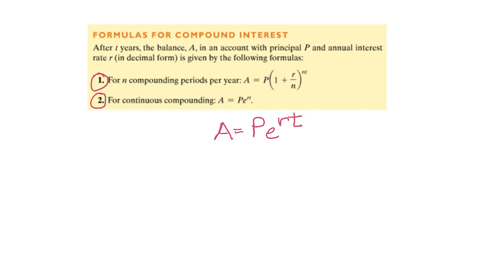So you want to be careful. E is in your calculator. You should have to use either the shift button and the LN button. LN is for natural log.